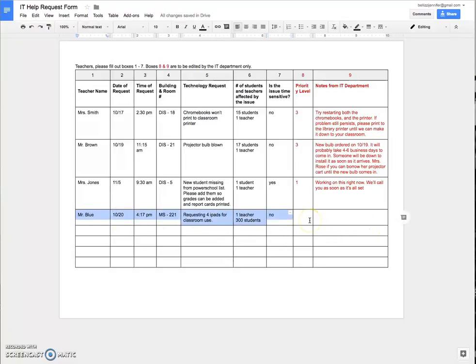Then the IT department could turn around, take a look at this document, say, okay, we've got some things on fire over here. Sorry, Mr. Blue, yours isn't a priority right now. We're probably going to set it at about a 4. And maybe we'll set a note in there saying the iPads have been ordered but not set up yet.